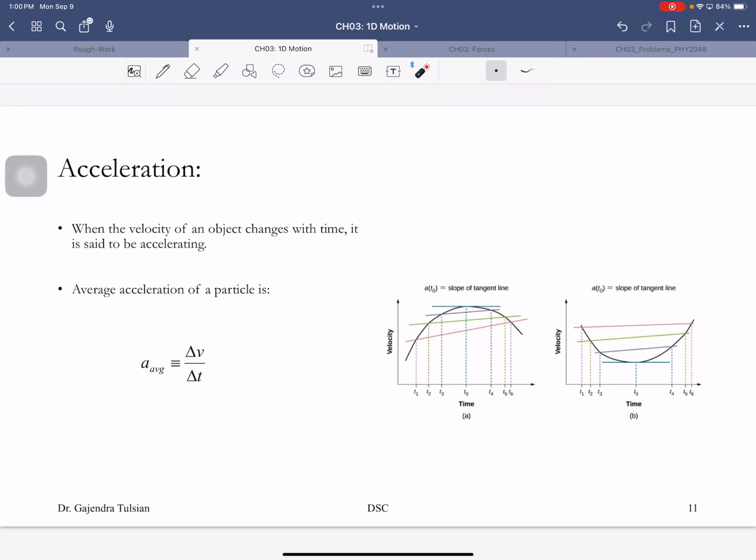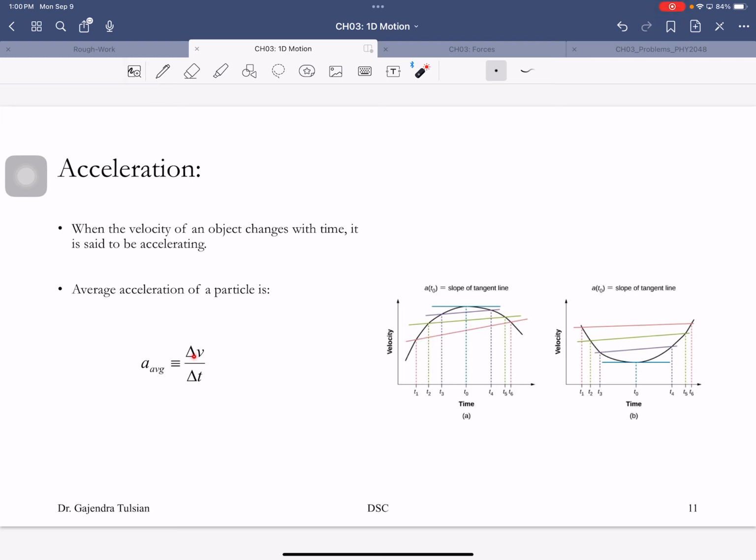Physics makes mathematics come alive. So here's acceleration. Anytime you have velocity changing, that's when you have acceleration. If the velocity does not change, you do not have acceleration. All right, so now there's the equation.